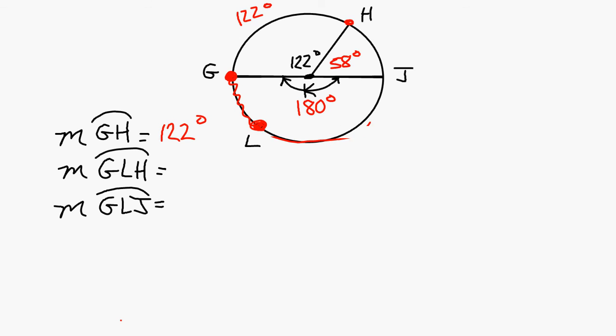GLH is a combination of a couple of angles. It's a combination of the 180 and the 58. So the measure of GLH would be equal to 180 plus 58, 238 degrees.